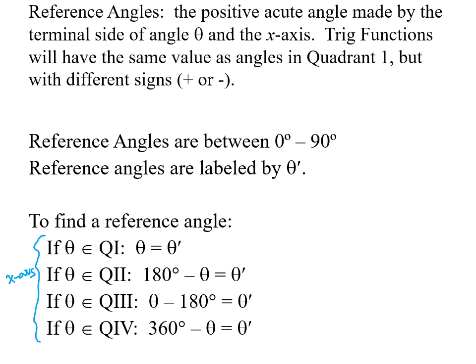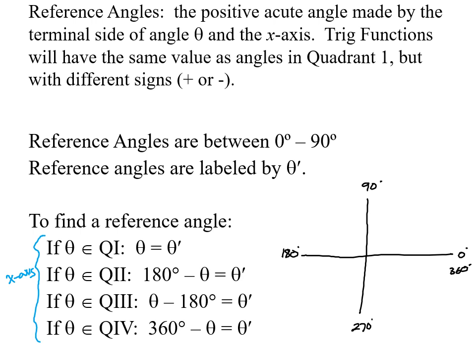So when you're doing your formulas, you have 0 degrees, you have 90, you have 180, you have 270, you have 360. So the only angles you're using for the reference angles are the ones on the x-axis, either the 180 or the 360. You don't ever add or subtract 90 or 270.